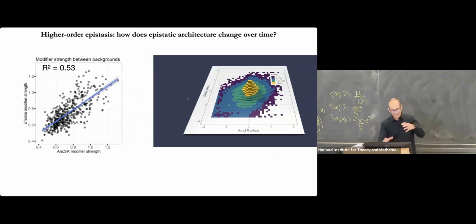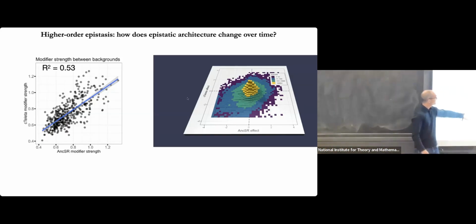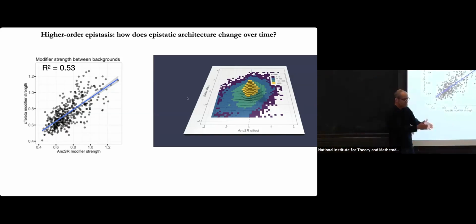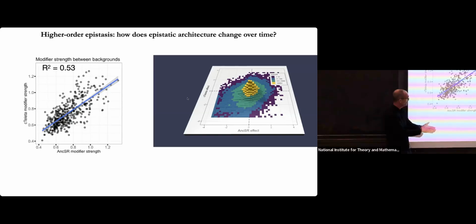But if we look at the microscopic level, we see a different picture. So here I've shown you the sigma of individual sites. Actually this is the average sigma of each modifier in the ancestral background versus the extant background. And there's some degree of decorrelation.